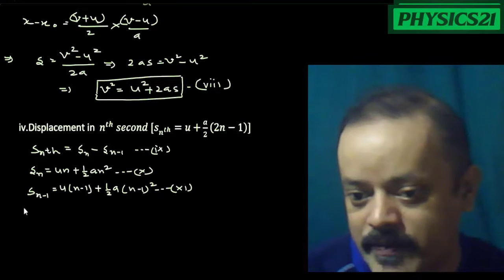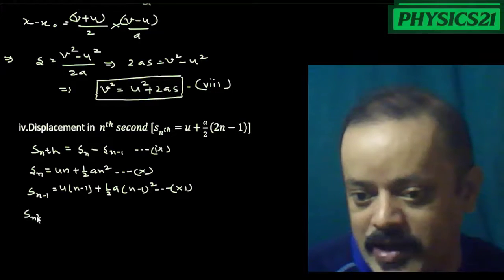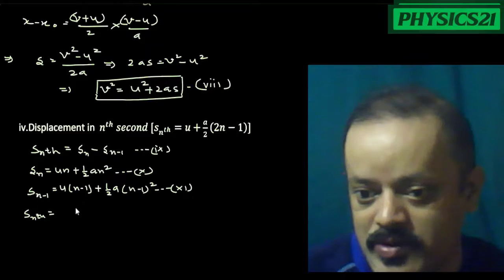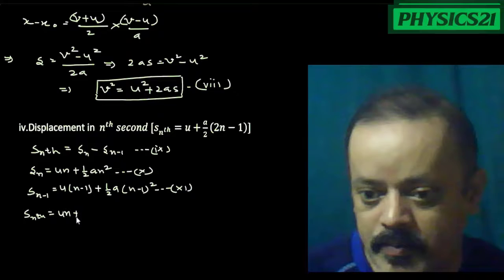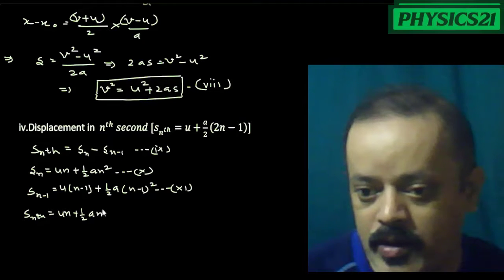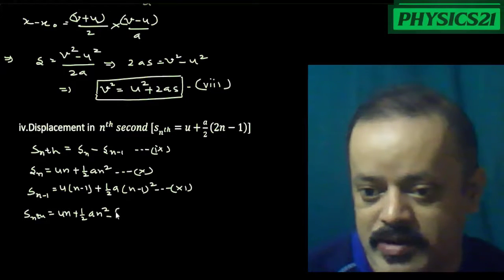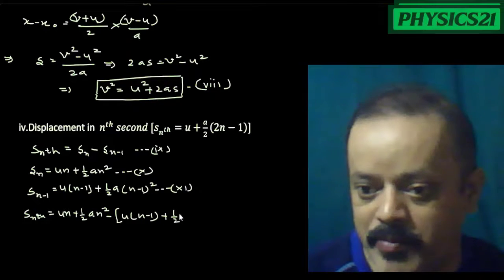So we get s_nth equals un plus half an square minus, u into n minus 1 plus 1 by 2 a in bracket n minus 1 whole square.